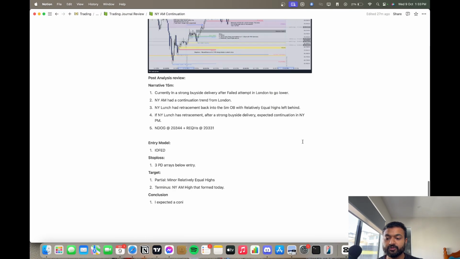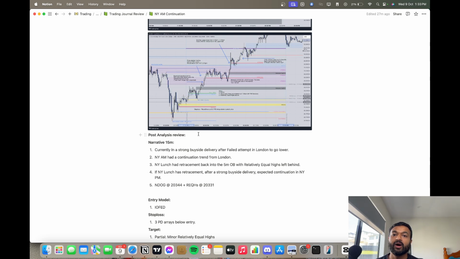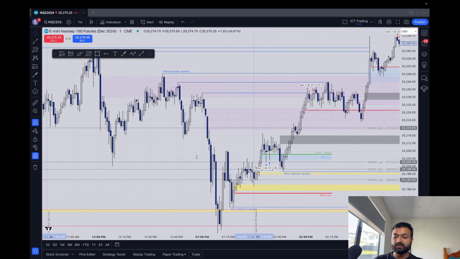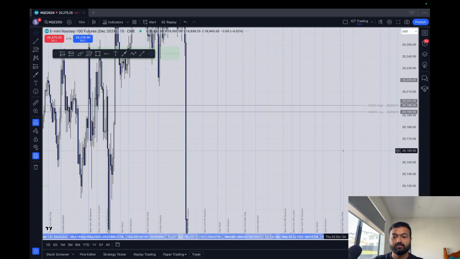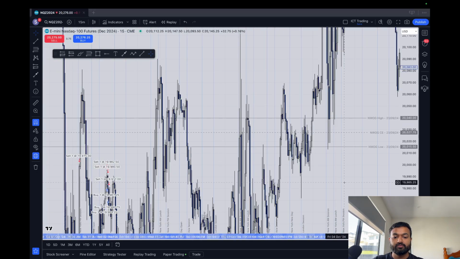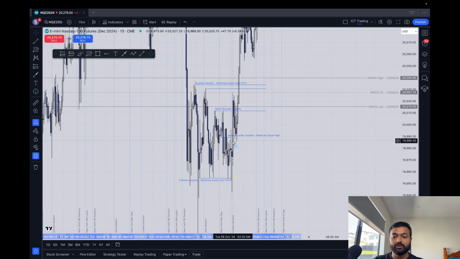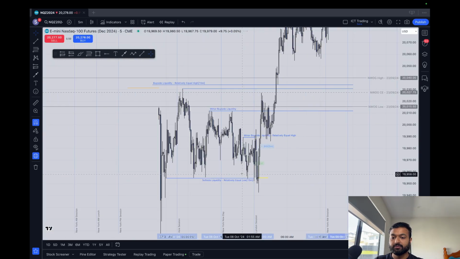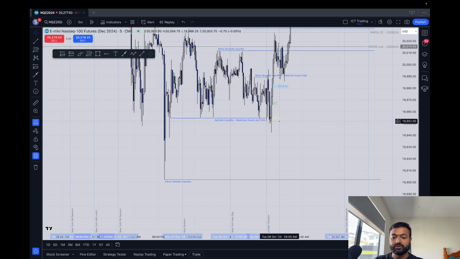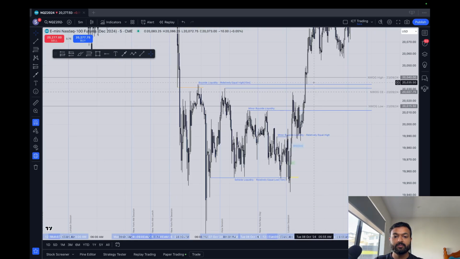On the 15-minute chart or 1 hour, I could see that there was a strong buy-side delivery after we had a failed attempt in London. On the 15, you can see here we had a consolidation manipulation that tried to go into the sell side but failed, and we ran up.